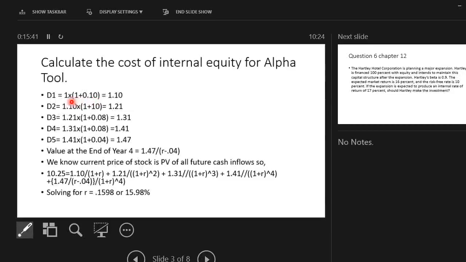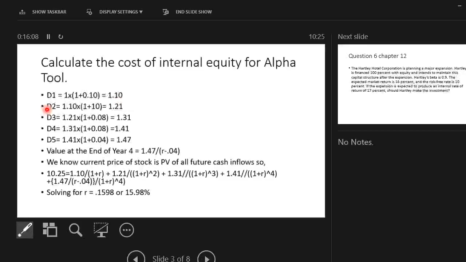Yes, it's always 1 plus 0.10 because we are adding the 10%. And when we add the 10%, we get 1.10, right? So this is the dividend amount for year 1. This is the dividend that is expected at the end of year 1.